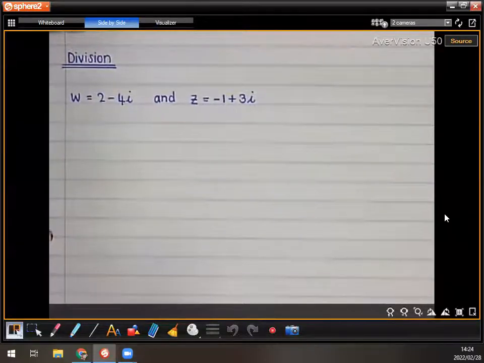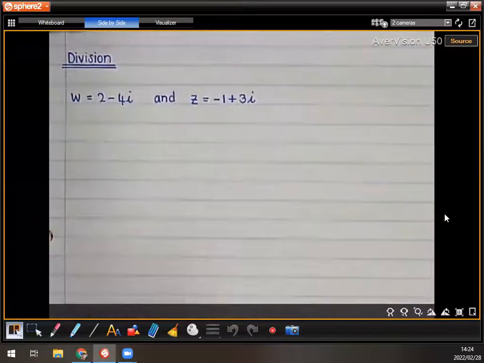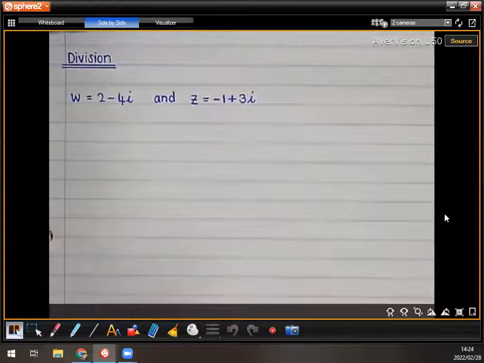W for these examples is 2 minus 4i, but in the question, they will tell you what your complex numbers are. They can use different letters, A's and B's, X's and Y's even, and they will tell you which numbers you need to work with. It's not something you need to memorize.